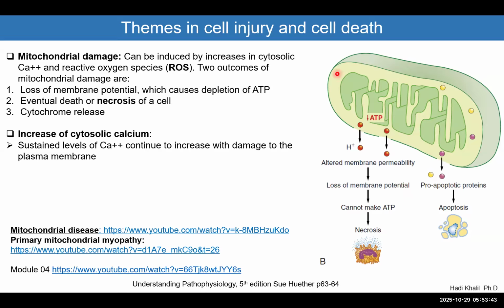Mitochondria also converge at the apoptotic pathway, which is an ATP-dependent type of cell death, because of pro-apoptotic proteins being released, and one of them is cytochrome C. So if I ask you a question, does mitochondrial damage cause necrosis or apoptosis? Yes, it causes both, depending on the trigger and depending on the physiological state that caused it to happen.